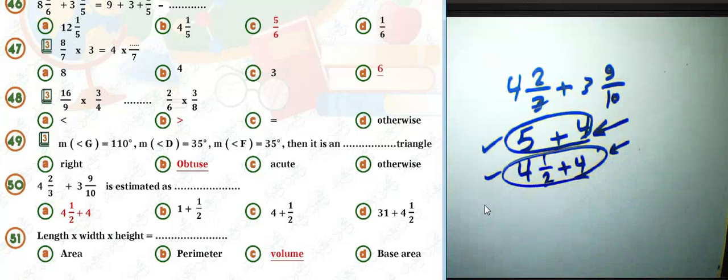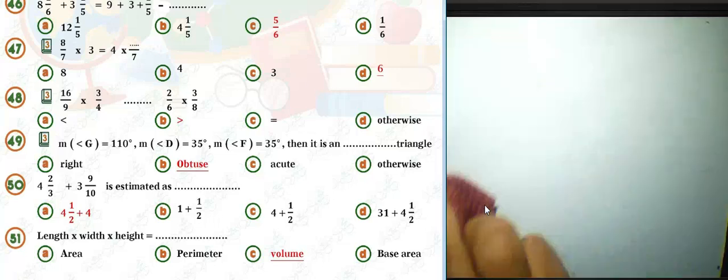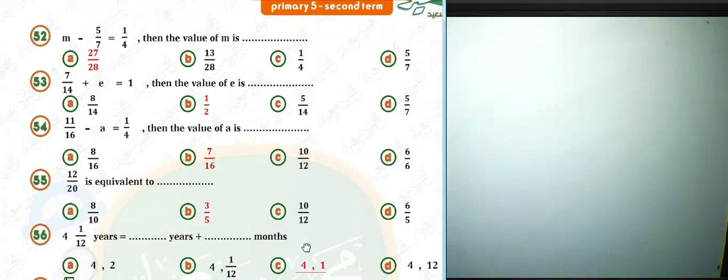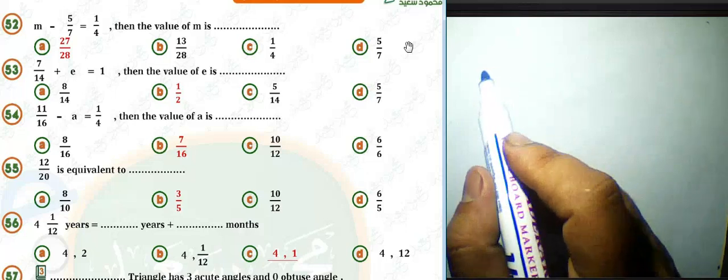So we must choose letter A. Okay. Question 51. Length times width times height, we call this the volume. M minus 5 over 7 equals 1 over 4. What is the value of M? This equation we can solve here.